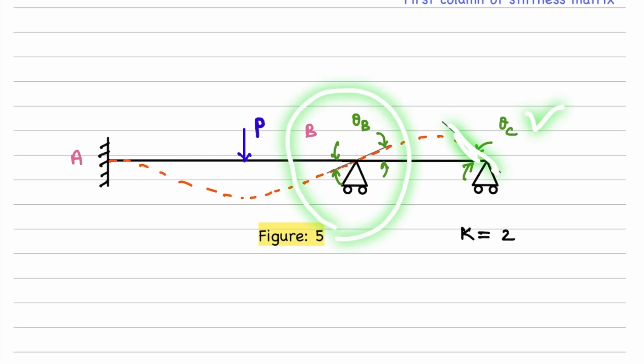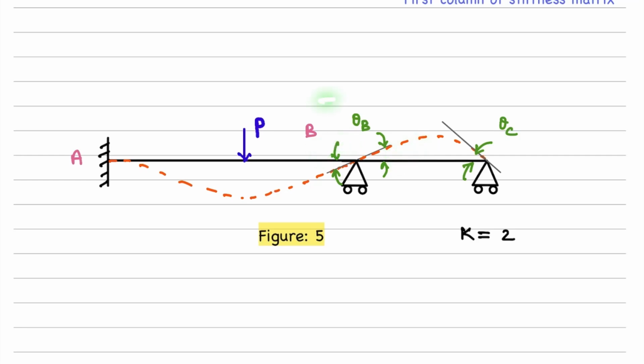Now when we come to this roller support here, do we really require two different rotations here and here? I mean, if we take into account the left proximity and right proximity, should there be two different values of rotation? No, because in order to maintain the continuity of this deflected profile, these two rotations should be one and the same. So we are not going to mark them as different.